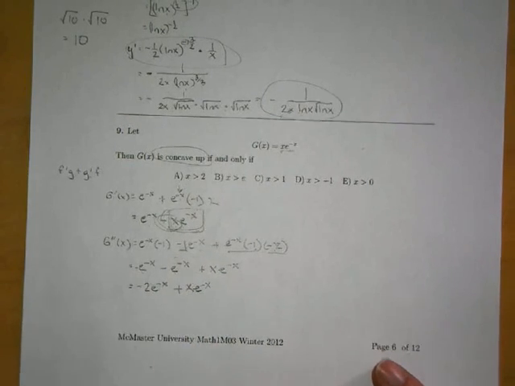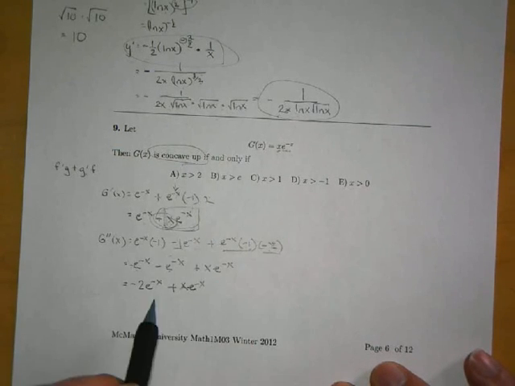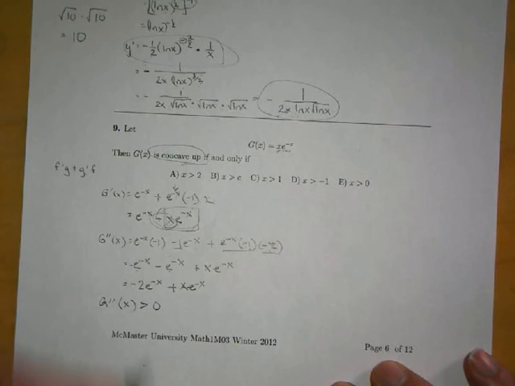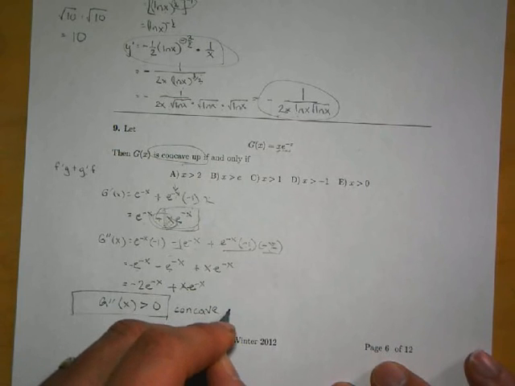Okay, I'm finally ready to try to figure out when it's concave up, because I want to know when is g double prime x greater than 0. So that's when concave up.